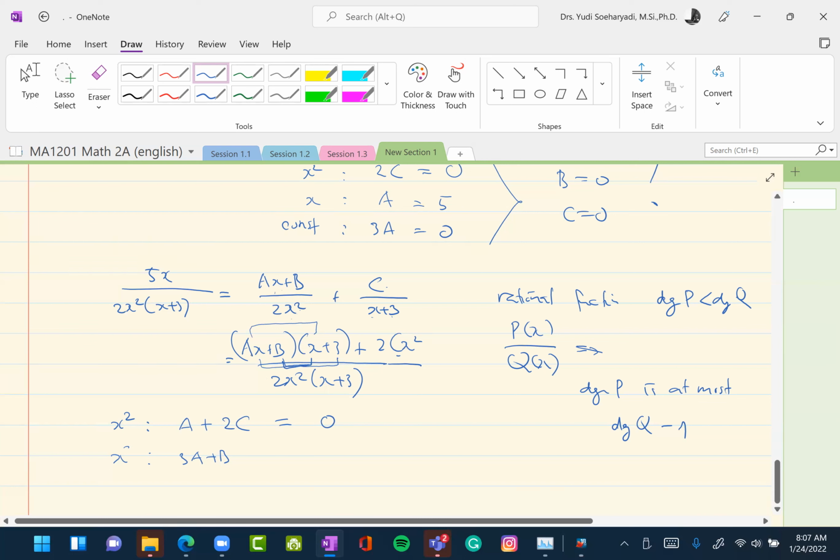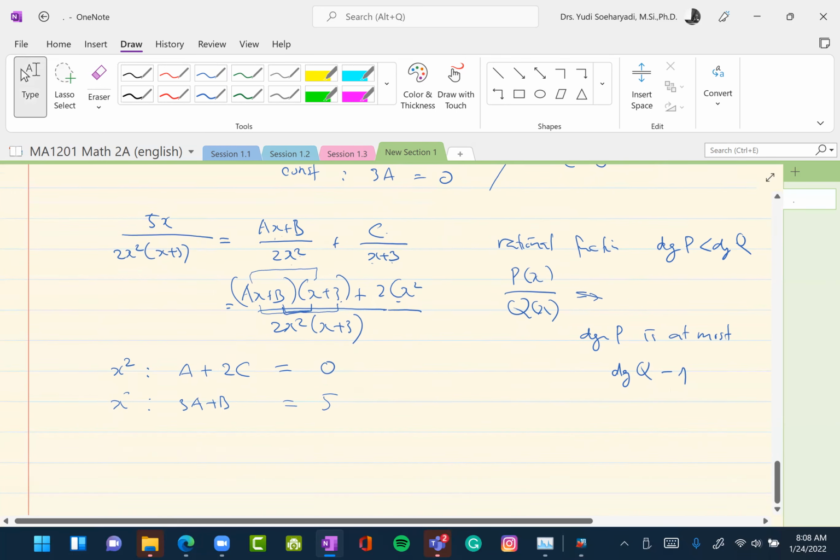Okay, so ax times 3. So 3a plus b. Right here, no x. So you have this 5. And here the constant. Let's see, how many constants there? No, 3b. Here, no constant. That equals 0.